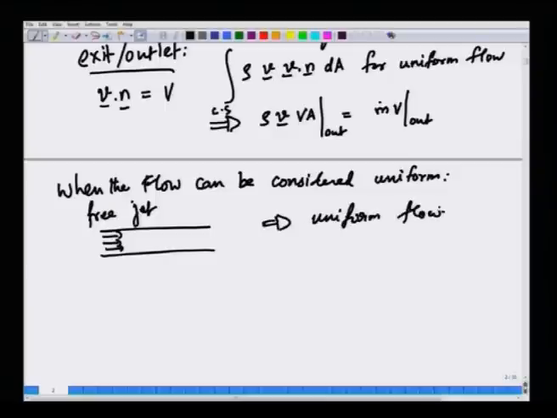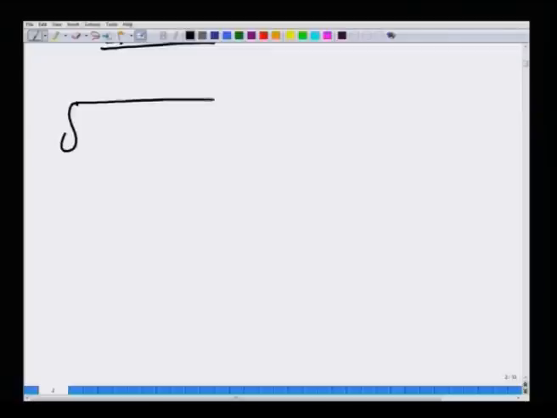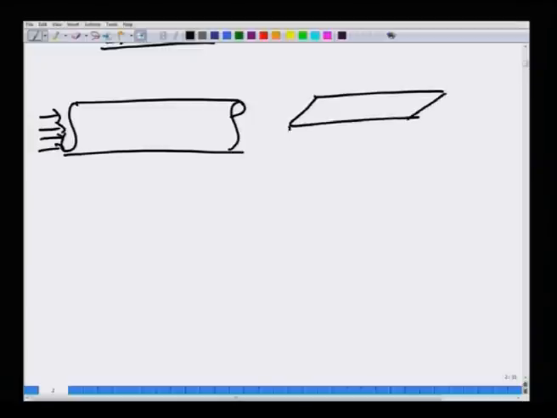But in many engineering applications, we will see as we go further in the course that you have flow within a pipe, or within a rectangular channel, surrounded by rigid boundaries.